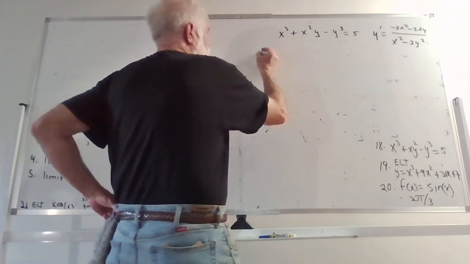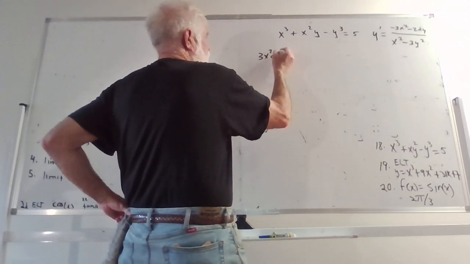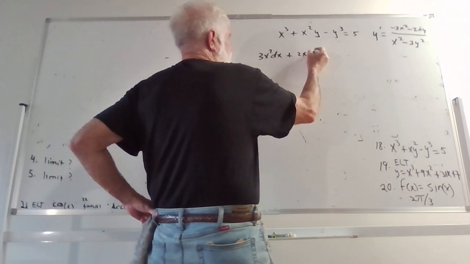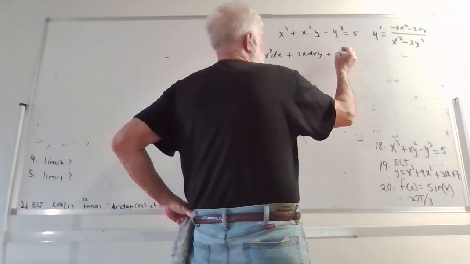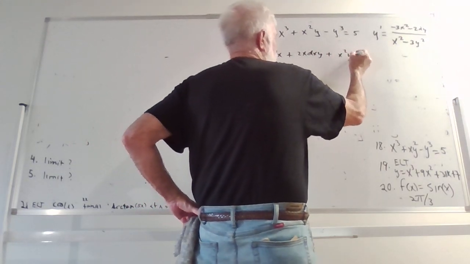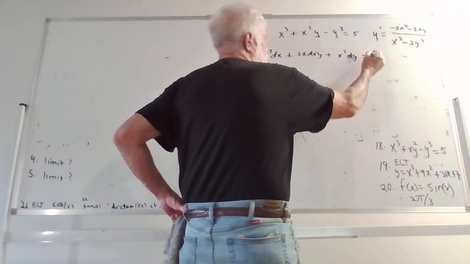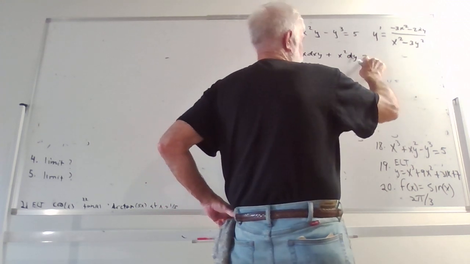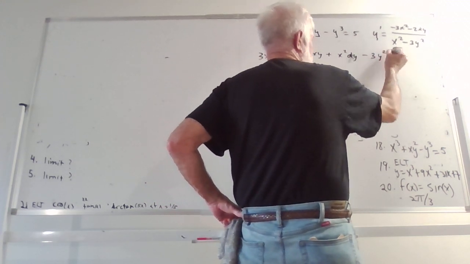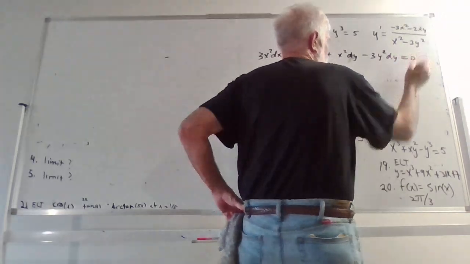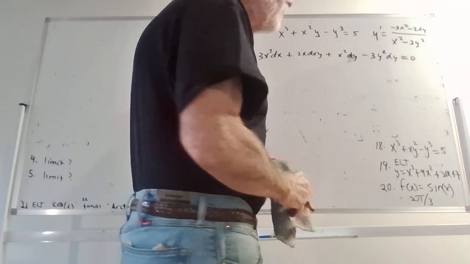So we have 3x squared dx plus 2xy dx plus x squared dy minus 3y squared dy equals 0. We don't want to have to do that too often, right?